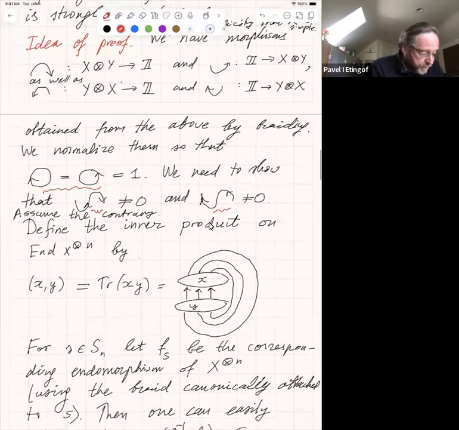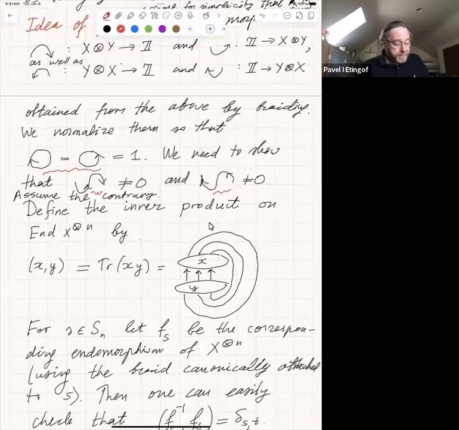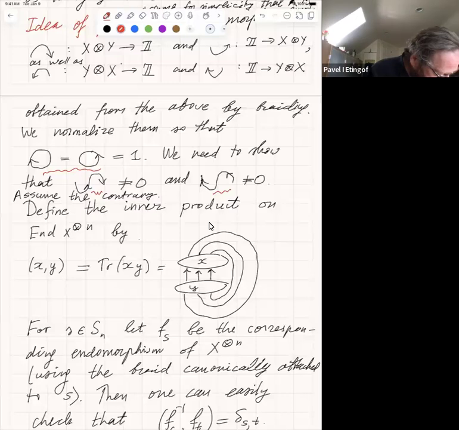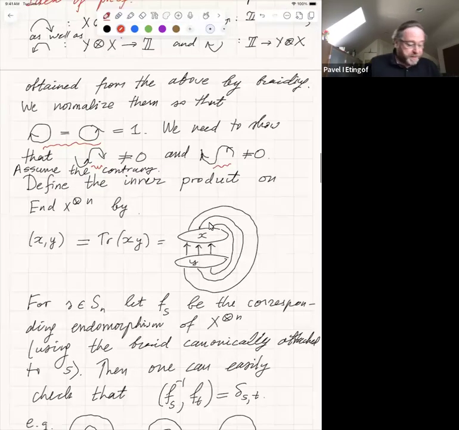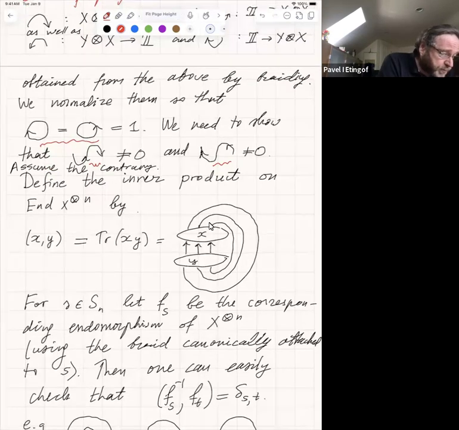And then also, if s is in the symmetric group, we can embed the symmetric group into the braid group as a set canonically by using braids with only upper crossings from left to right. And then for every element of the symmetric group, we can define the corresponding braid and the corresponding endomorphism of X to the n defined by this braid. That will be called F_s.